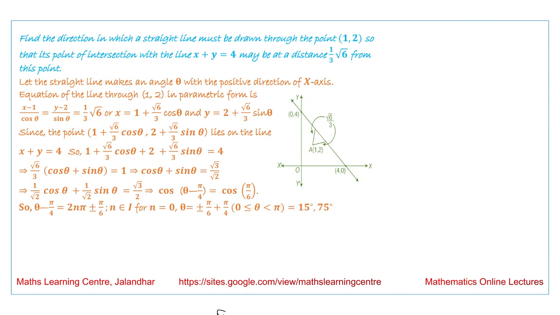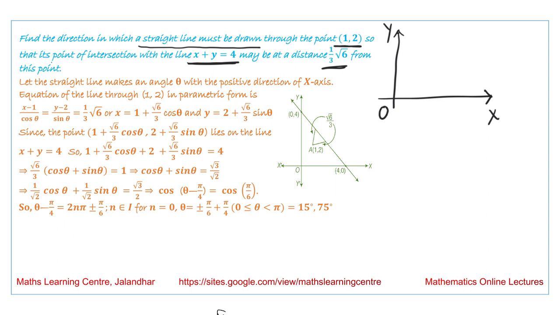Next is: find the direction in which a straight line must be drawn through the point (1, 2), so that the point of intersection with the line x plus y is equal to 4 may be at a distance of 1/3√6 from this point. Suppose we have the x-axis and the y-axis, this is the origin, and the point (1, 2) is given.